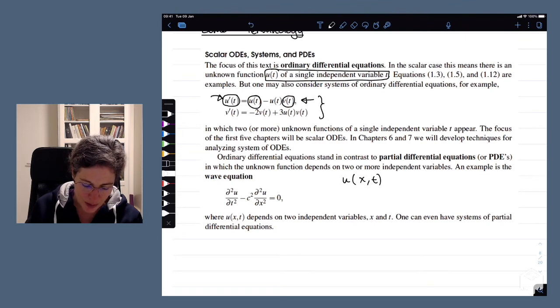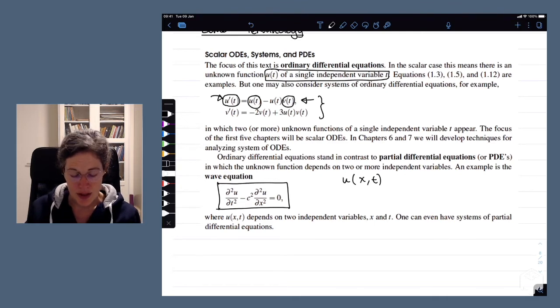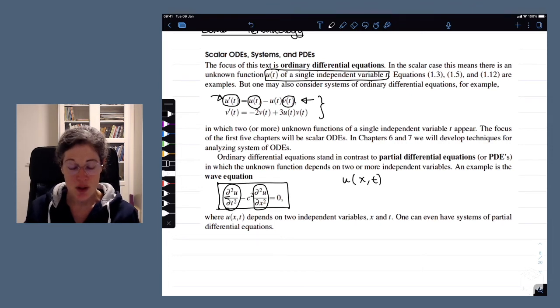So for example, over here we have the wave equation, which you might have seen in physics. It is an equation, it has differentials in it, but the key thing is they are partial differentials. So here's the second derivative of u with respect to t, and here's the second derivative of u with respect to x. And you can actually have systems of partial differential equations, just like we had systems of ODEs here.